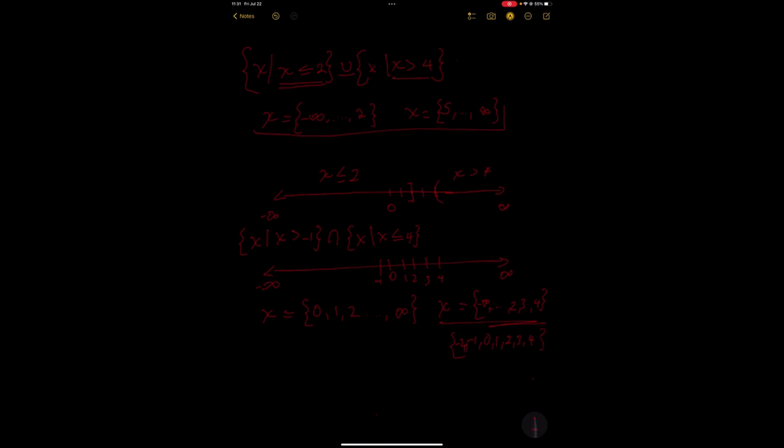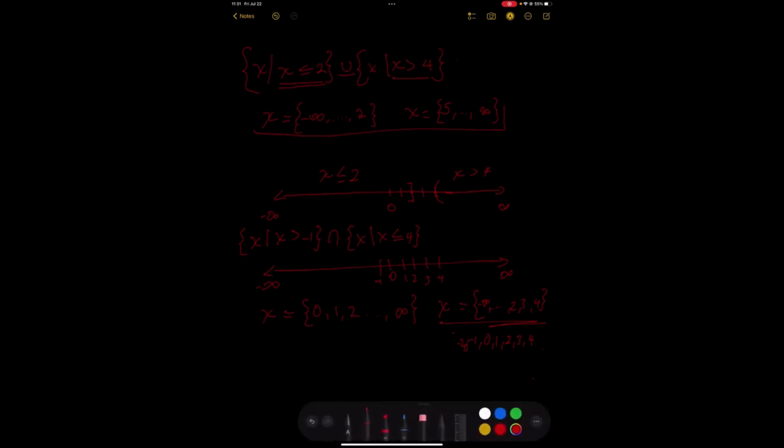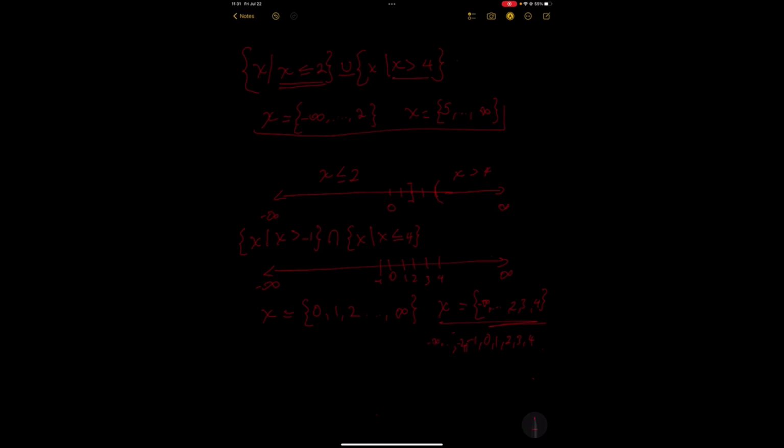Okay, let's put that at least over there. Then we're going to say 3 dots, negative infinity. And here we have 0, 1, 2, of course. Then we can say 0, 1, 2, 3, 4, 5, positive infinity. So what do they have in common?